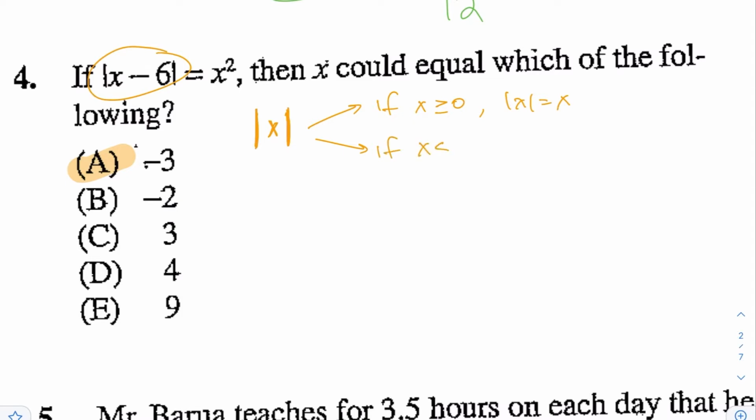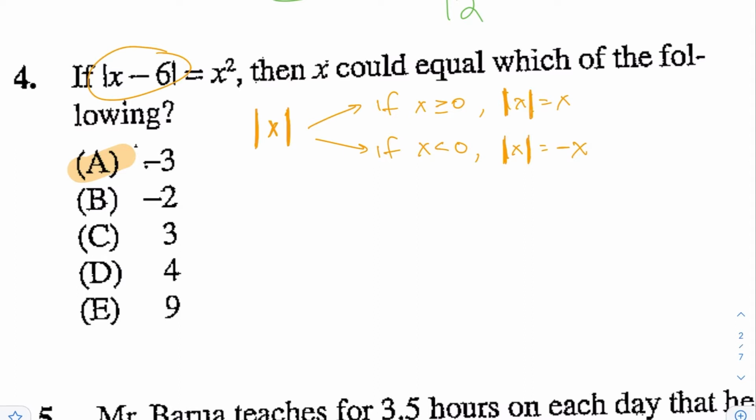But if the x inside this absolute value is negative, then the absolute value of x would be equal to negative of x, where you negate the negative number and then you get a positive number out of it. So depending on the situation, it could be either one of these.